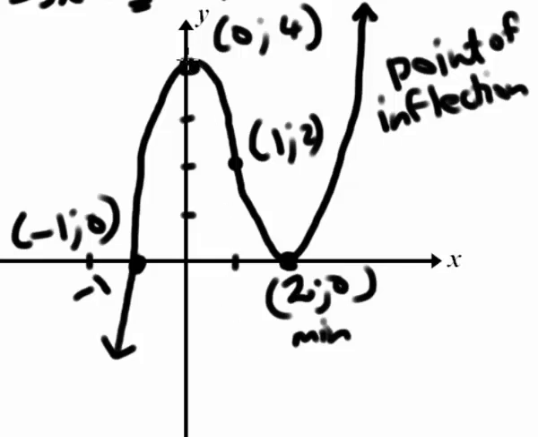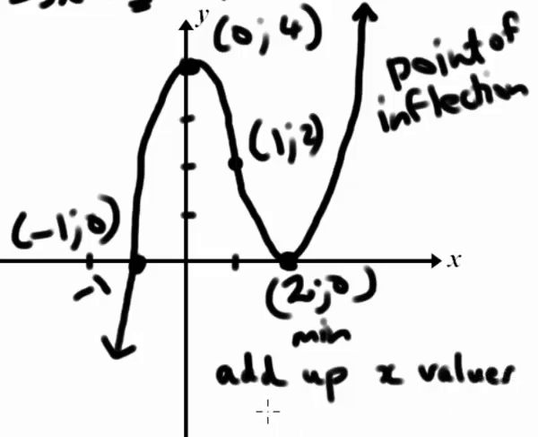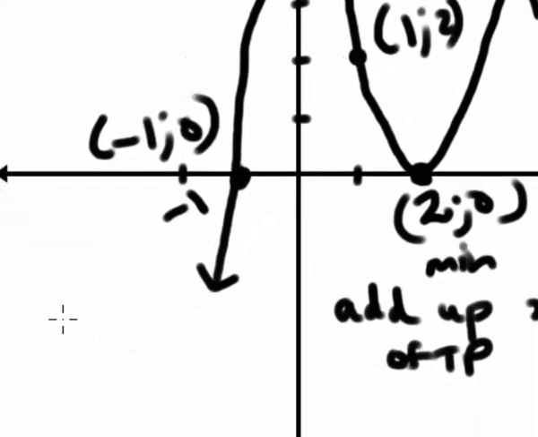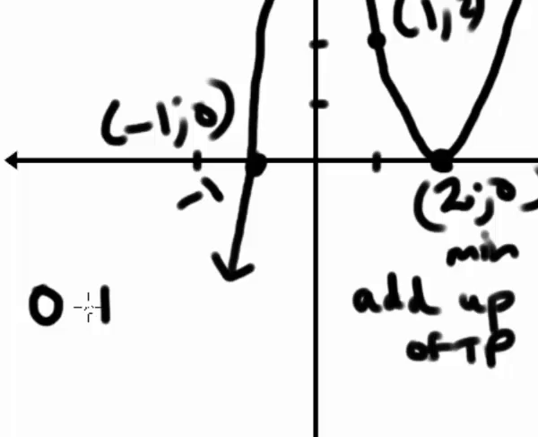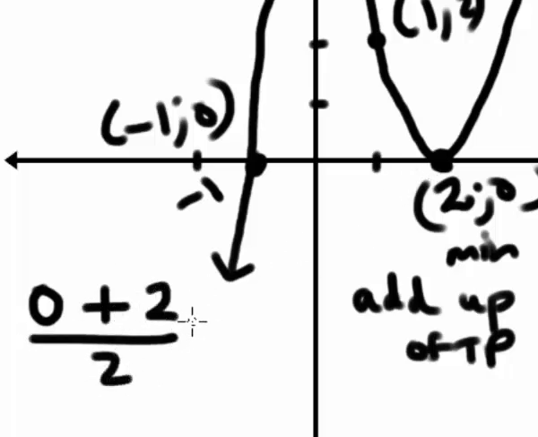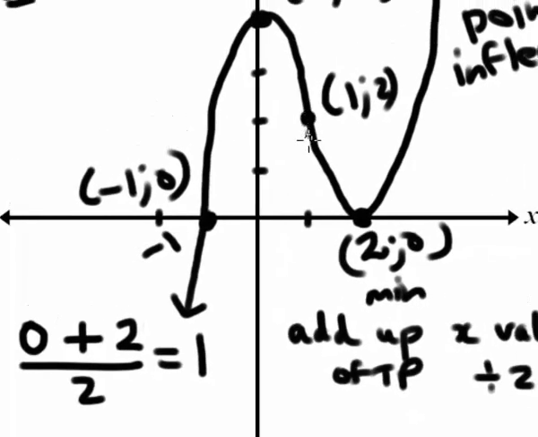If you add up the x values of the turning points, and then you divide by 2. Now watch this. The x values of the turning points would be 0 plus the x value of the other one, which is 2, divided by 2, and 2 over 2 is 1, and you get your x as 1.